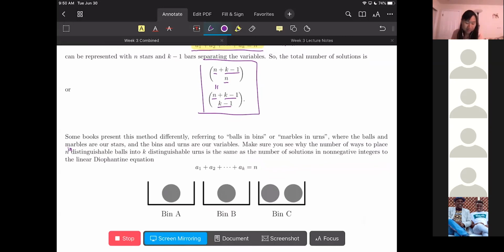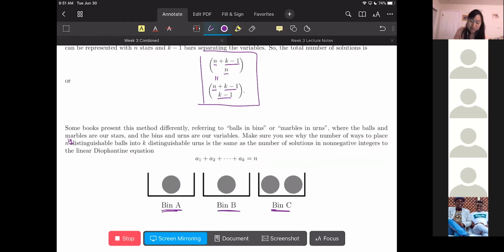So we have n balls that are the same, and then k urns that are different. So let's say we have one urn A, one urn B, one urn C, and we have n balls that all are the same. This is important. How many ways are there to do that?